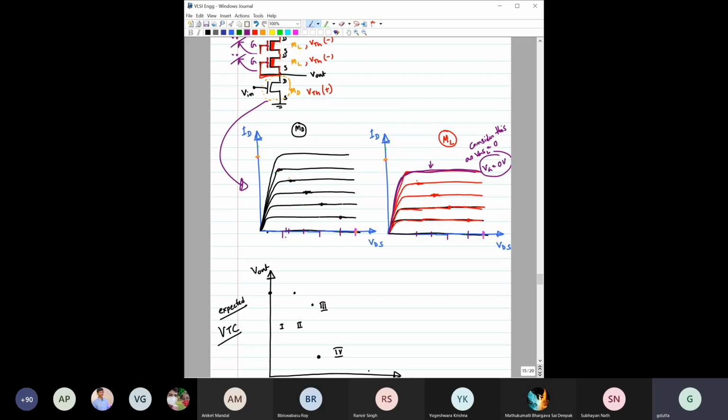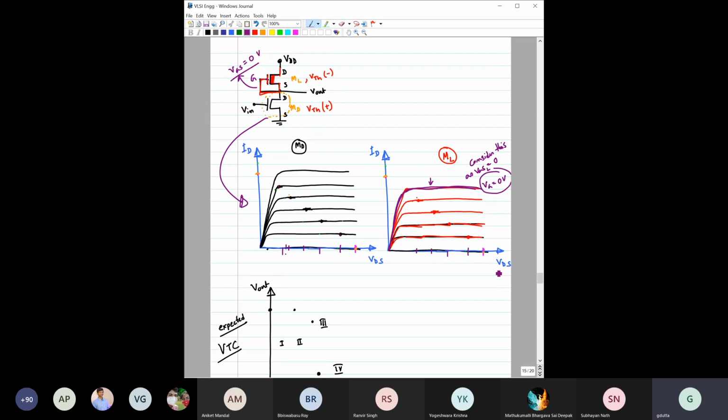It's the same thing, because for this it is VDS, and for this it is also VDS. For this transistor, VDS is nothing but V out. And here we can also write that V out is equal to VDD minus VDS load.